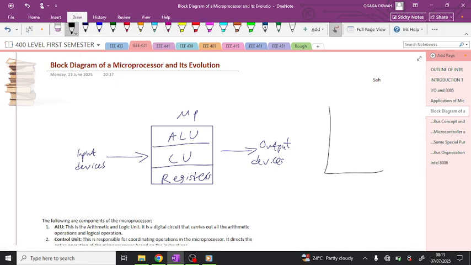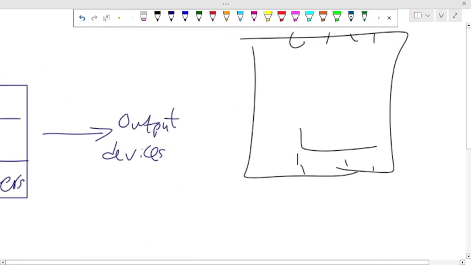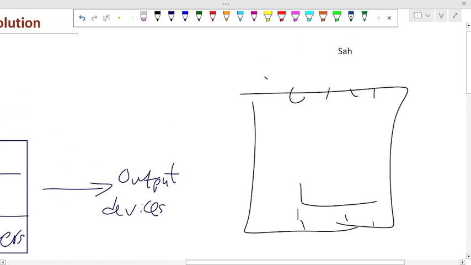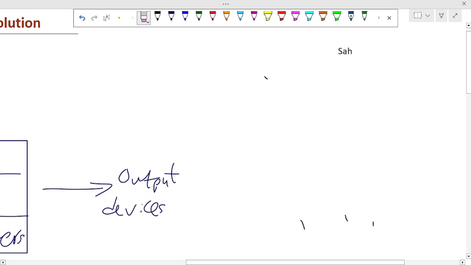We have our Arduino like this, with different pins, and we have something here. I don't have the diagram here, if not, I would have just done that so we all can see. But we know we have our Arduino like this.